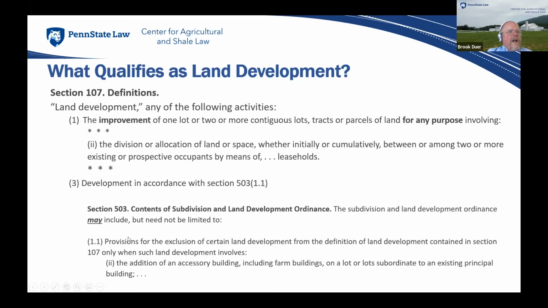And the land development ordinance doesn't, that's about as far as it's going to go. And it's broad. It says an improvement for any purpose. So that is a recurrent hot issue with regard to land development plans being required for ag operations to do relatively what is perceived, at least by the owners, as simple things.